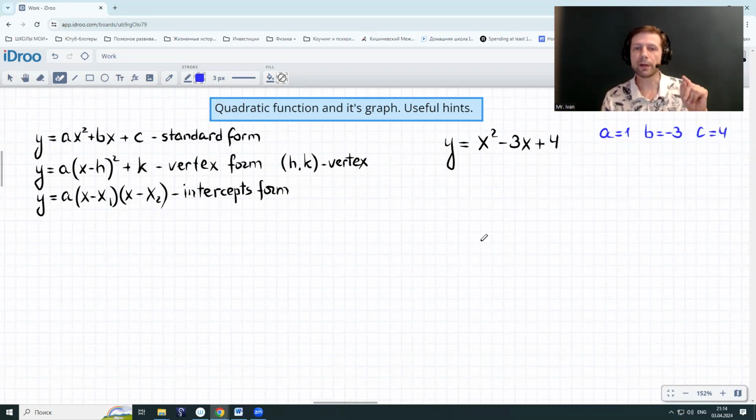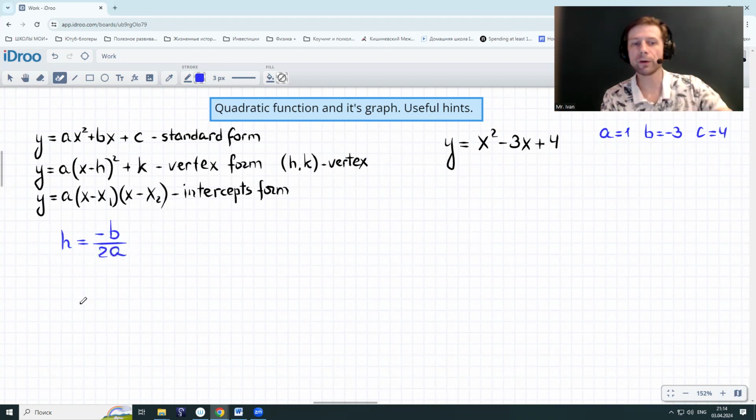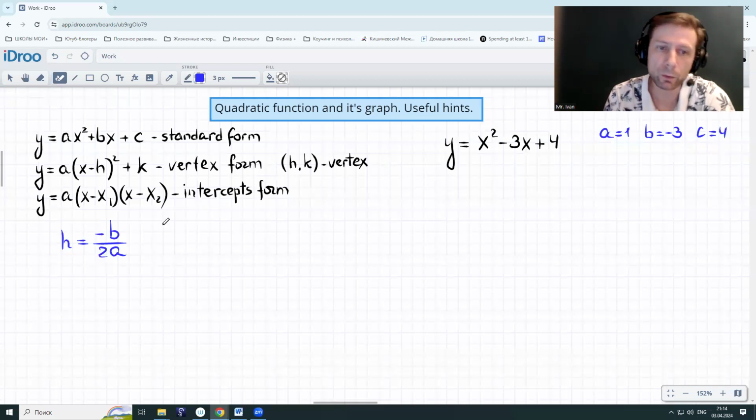It's good to know that if you want to find the vertex, the simplest way, from the standard form, is to find the x-coordinate. The h, the x-coordinate of the vertex, in other words, is negative b over 2a. As soon as you find h, you can substitute it into the equation as x, and you get y, in other words k.